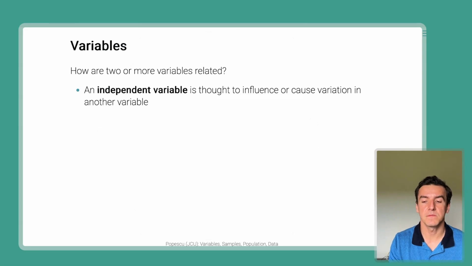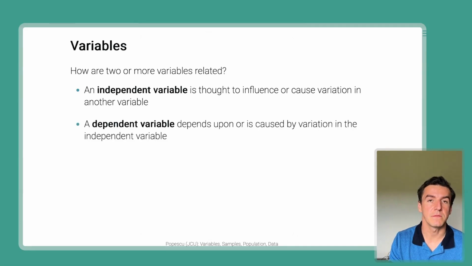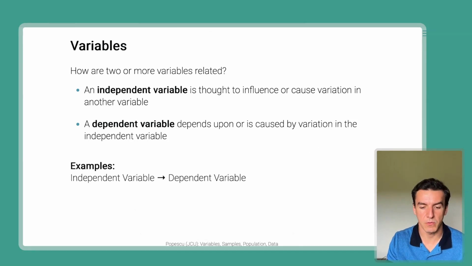An independent variable is something that is thought to cause variation in another variable. The dependent variable is something that depends on or is caused by the variation in the independent variable. So typically, the independent variable has an impact on the dependent variable.